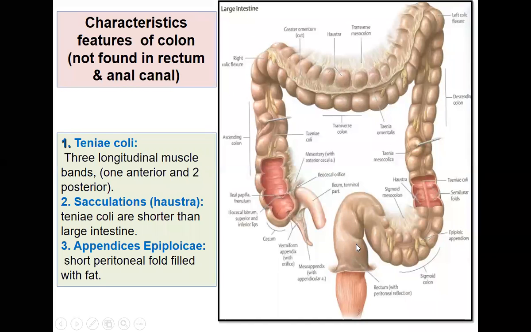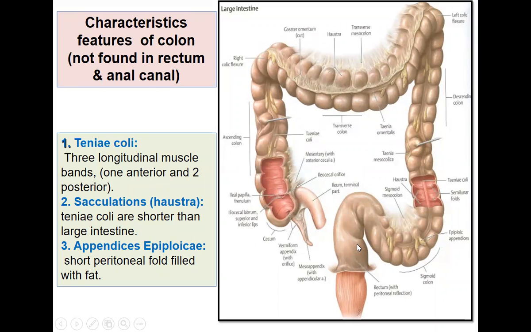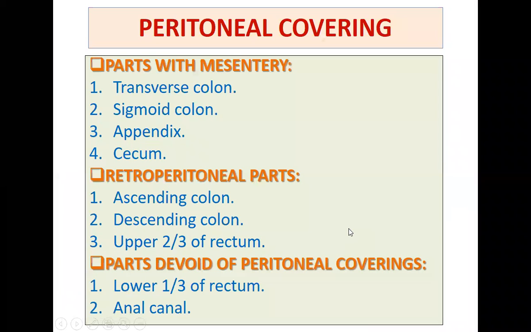It also doesn't have a mesocolon. So these are the three important retroperitoneal parts without a peritoneal covering: the ascending colon, the descending colon, and the upper two-thirds of the rectum. You should know which parts are covered by peritoneum and which are not.